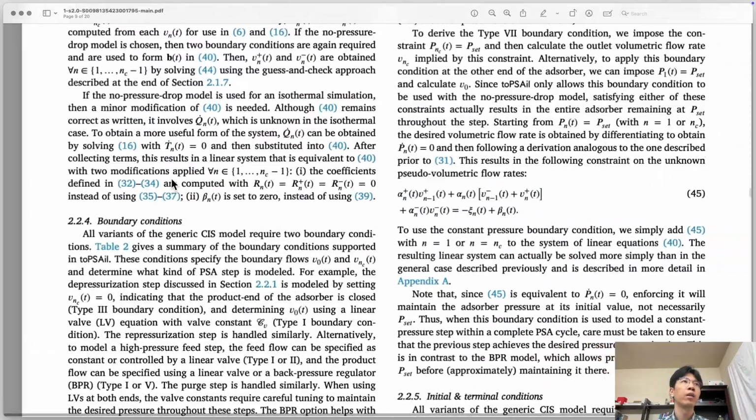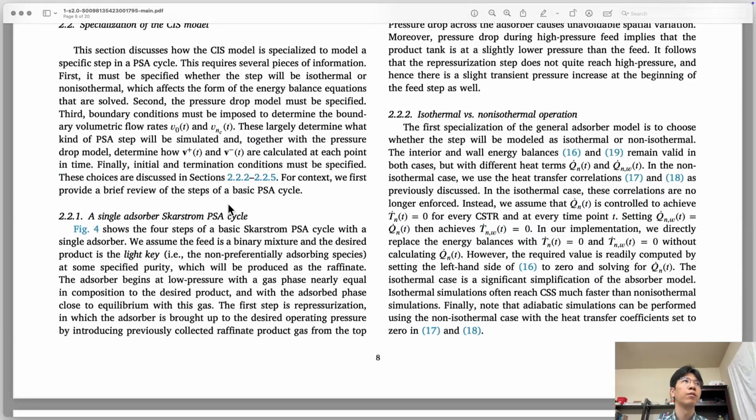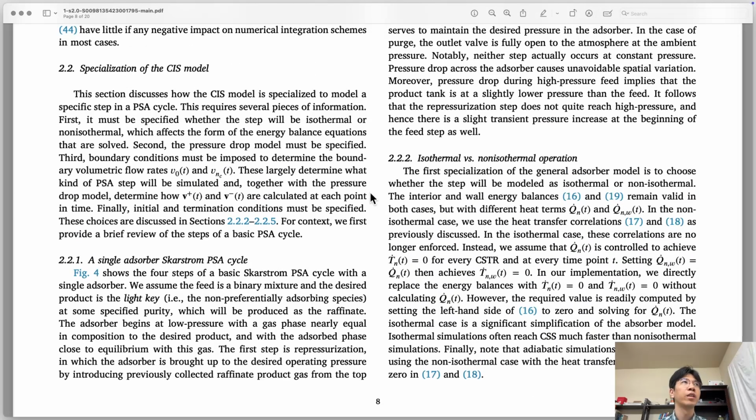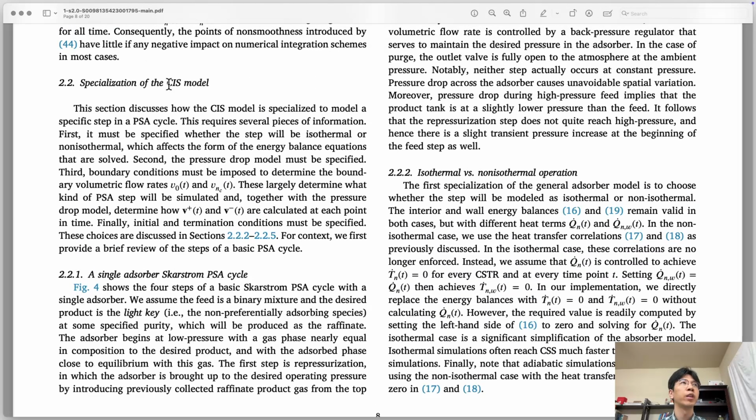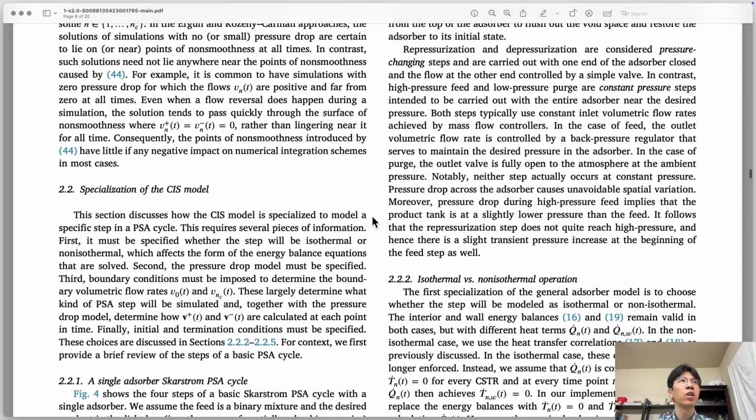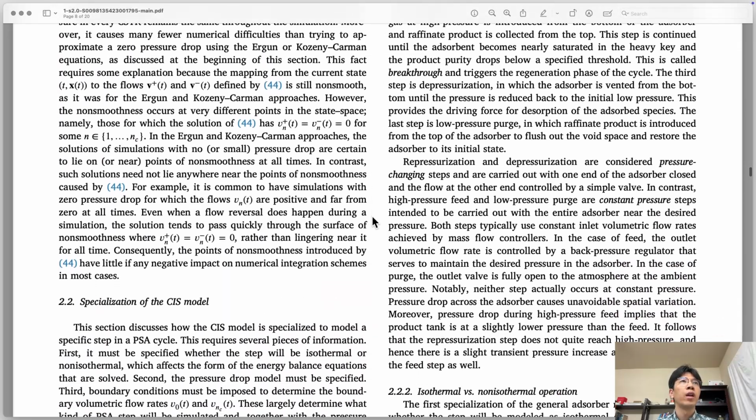So going back to the different types of specialization of CSTR in series model. So CIS stands for CSTR in series, if I haven't made that clear again. So the number of adsorption columns is something that we can change. And of course we can consider different steps, right?